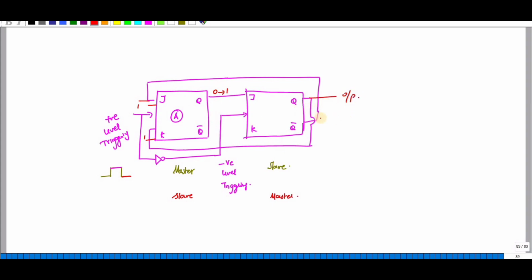This will not affect the output, because the output, QB of the B flip-flop, remains at 0 only. This way we can avoid the race around condition.